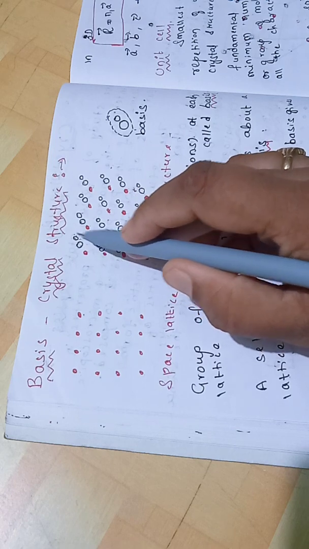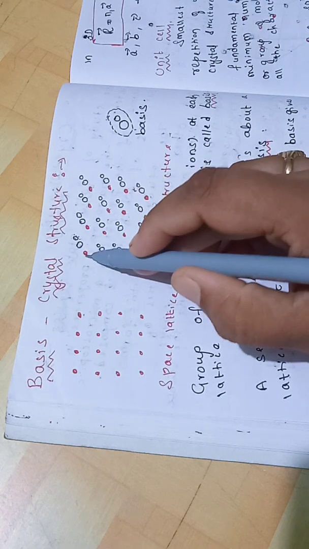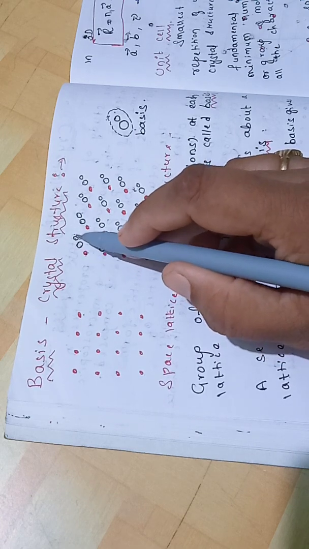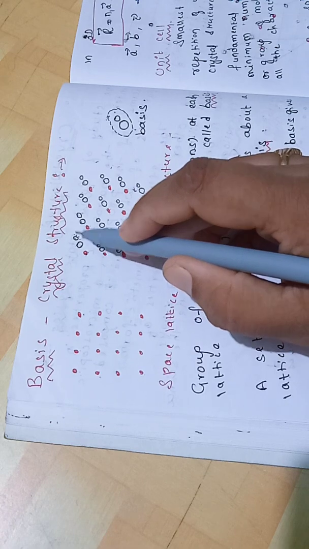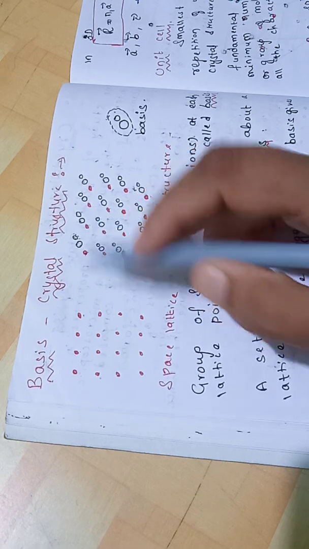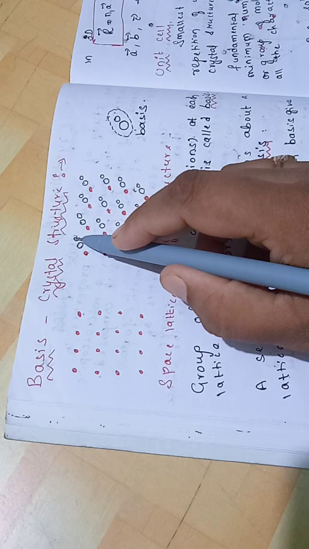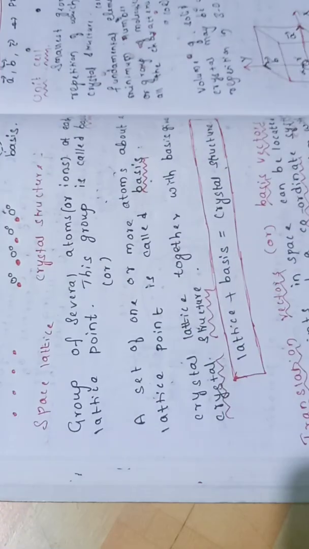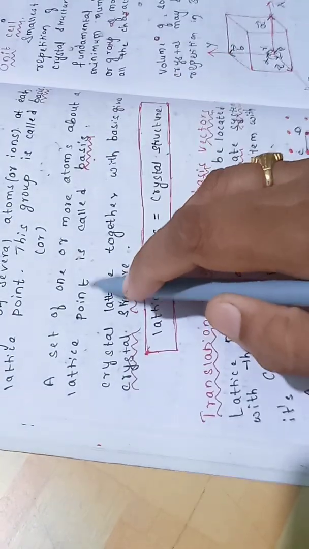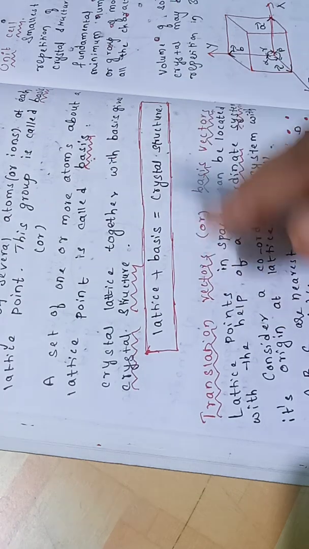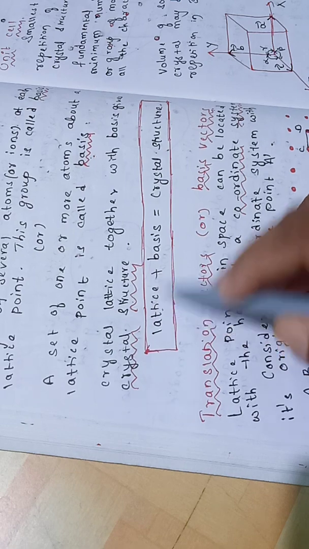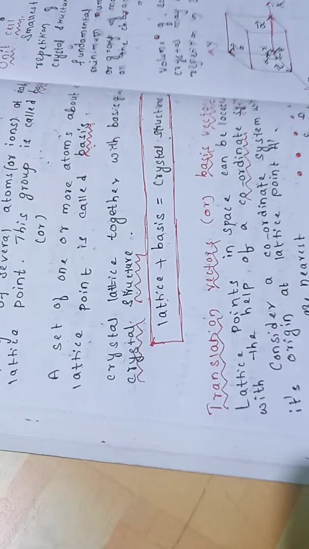Here, to the lattice point, some group of atoms or ions are attached. This we call the basis. So lattice plus basis gives rise to the crystal structure. A set of one or more atoms about a lattice point we call the basis. Lattice plus basis is equal to crystal structure.